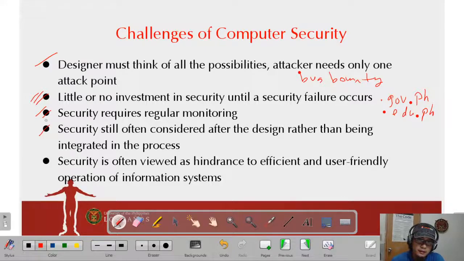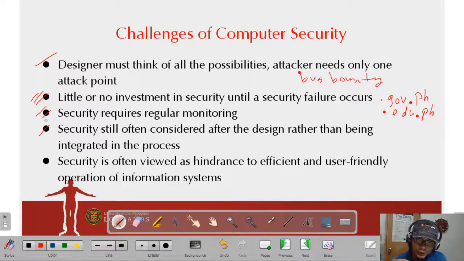Currently, it's just: okay, I've built the system, I deploy it, and then the system gets hacked. That's the only time that I will consider security and improve the system.